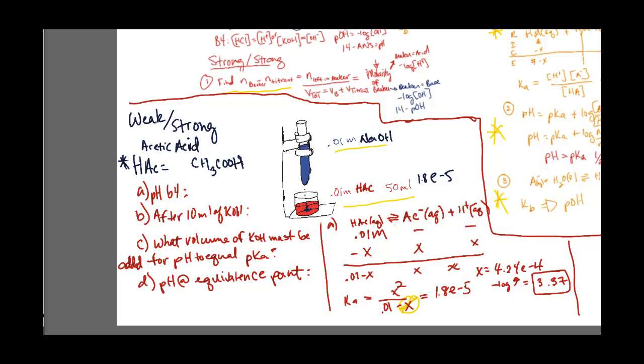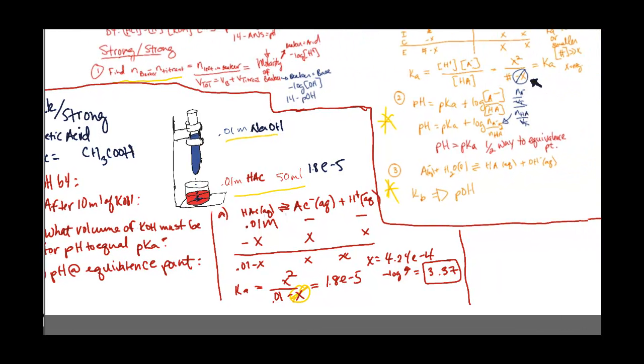Now, after 10 milliliters of NaOH, so during the titration we have to use Henderson-Hasselbalch, so pH equals pKa plus log of A minus over HA. Now, you could do molarity, but remember I prefer moles because the volumes are the same, so we'll just do n's.